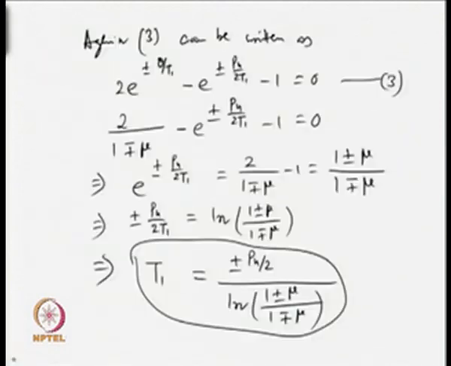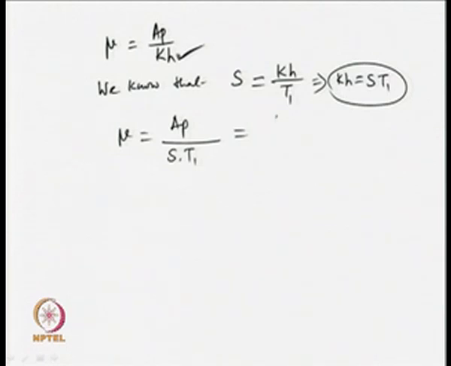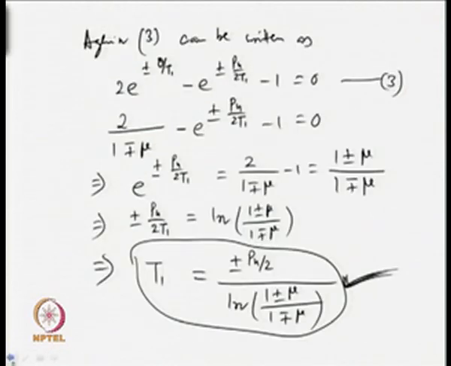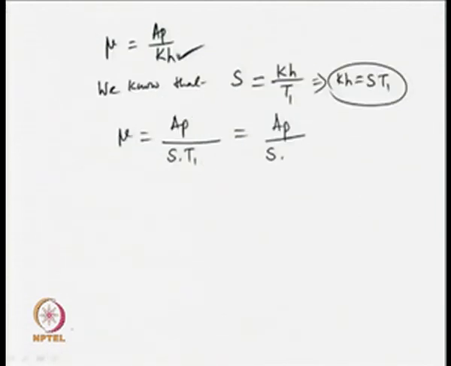Further, we know that T1 is this much. Therefore, if I substitute the expression for T1 over here, I get AP upon S times plus minus pu by 2 divided by ln of 1 plus minus mu by 1 minus plus mu.